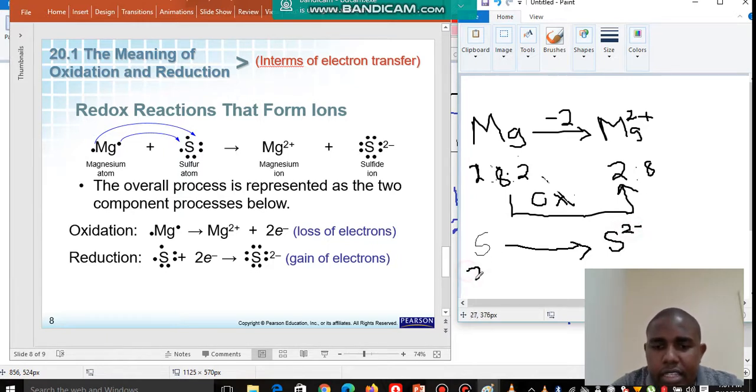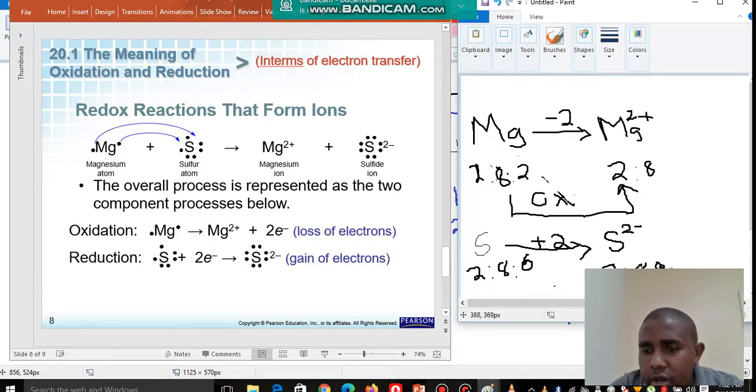Sulfur has a configuration of 2,8,6, meaning that it has 16 electrons, and it has gained 2 electrons to form sulfide ion having 18 electrons, which matches the electronic configuration of a noble gas close to it, which is what?